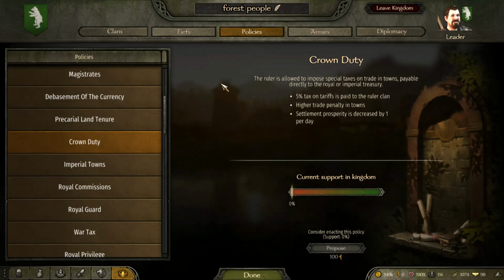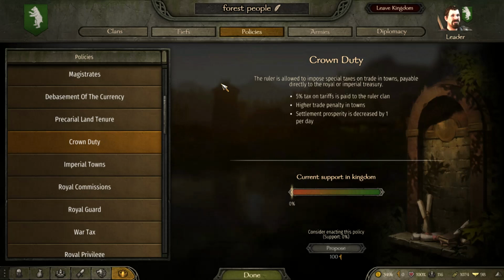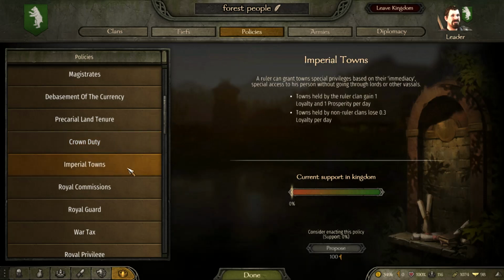It just means the cost of things is going to increase, which will in turn negatively affect your workshops if you have them in any of your own towns, and your prosperity is going to decrease by 1. So again, not one you want to really pick, because although you're getting that 5% tax overall in the long term, you're just going to be bringing down everything else, so eventually you're going to be earning less. So it's not one that you really want to pick unless you need instant money quickly, but then you want to get rid of it.